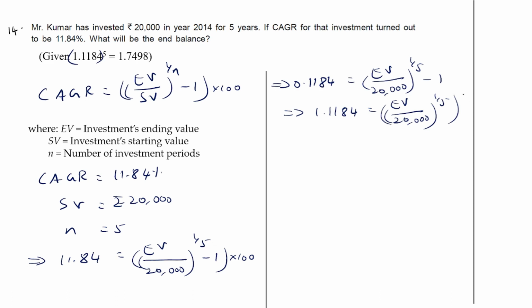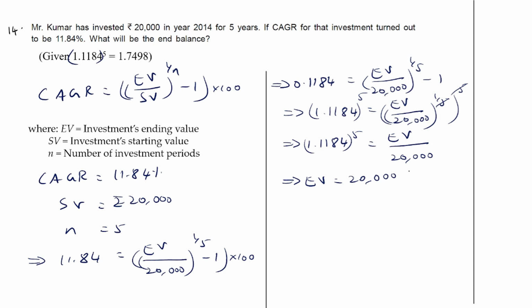We can raise both sides to the power 5. So here we will get 1.1184 the whole raised to 5 equal to ending value upon 20,000, as this 5 and this 5 will go, or ending value equal to 20,000 into 1.1184 the whole raised to 5.